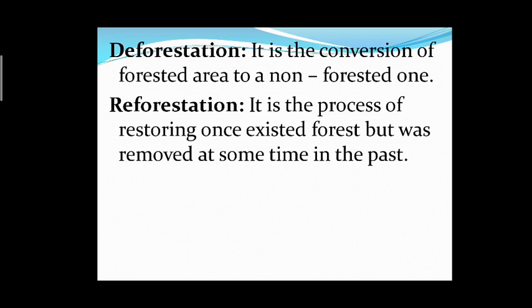That means once existed forest was removed. That is, it is the process of restoring. Restoring means once existed forest is removed, then again we plant trees there. That process is called reforestation.